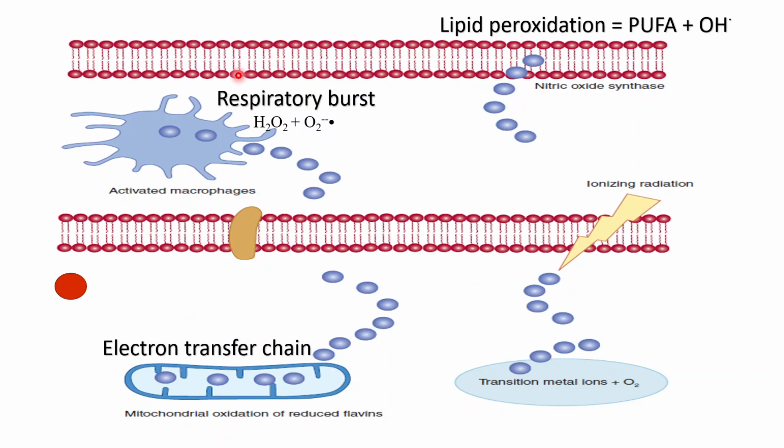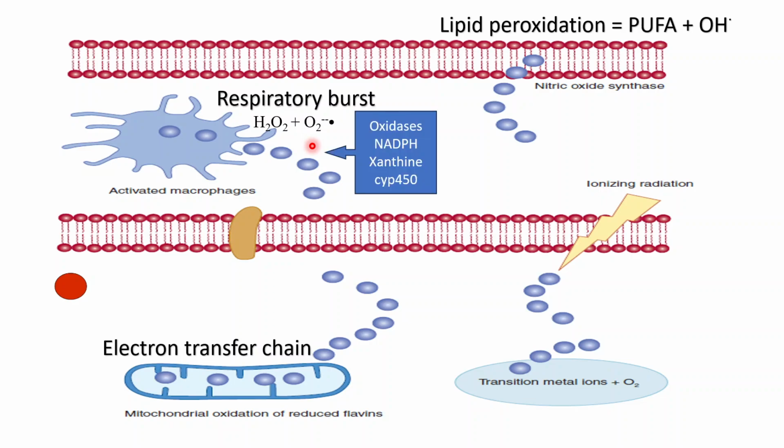Then the macrophages or neutrophils, which act as the body's defense system. There occurs increased production of H2O2 or hydrogen peroxide and superoxide anions, which is known as respiratory burst. These polymorphonuclear neutrophils or macrophages utilize oxygen and result in the formation of superoxide anions and hydrogen peroxide.